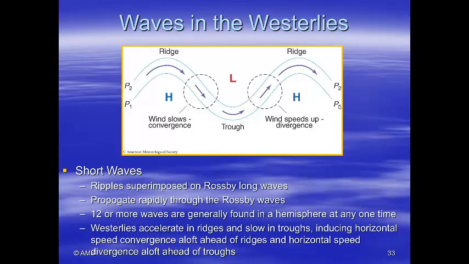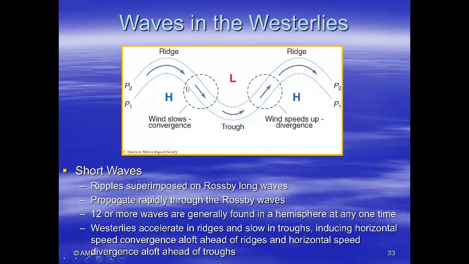We can also see short waves. These are ripples superimposed on the long Rossby waves, and they propagate rapidly through the Rossby waves. Generally 12 or more waves are found in any hemisphere at one time. These westerlies accelerate in ridges and slow in troughs.